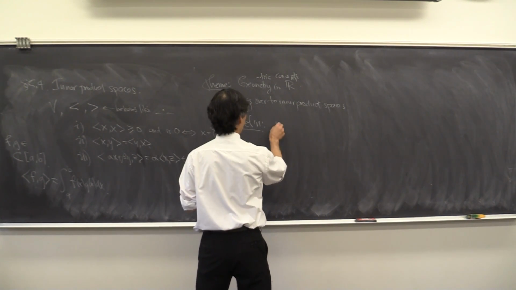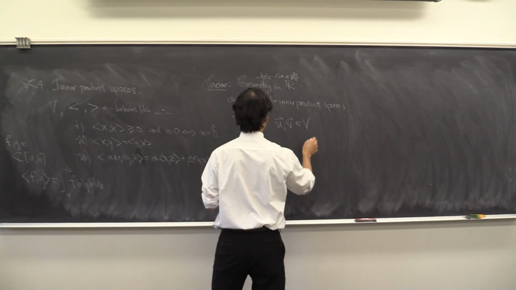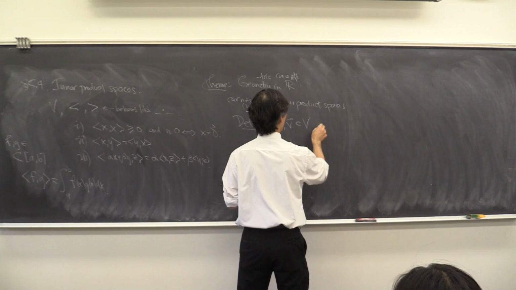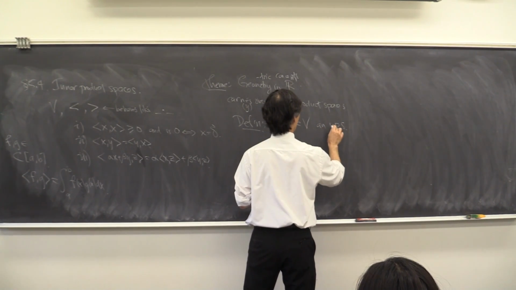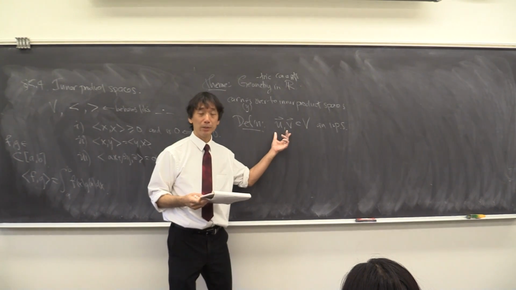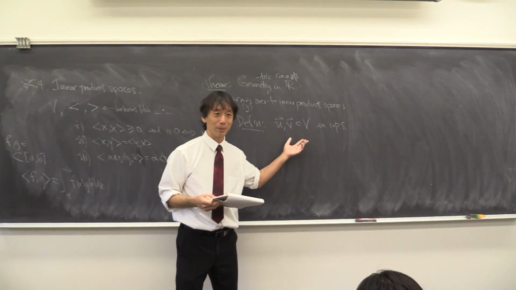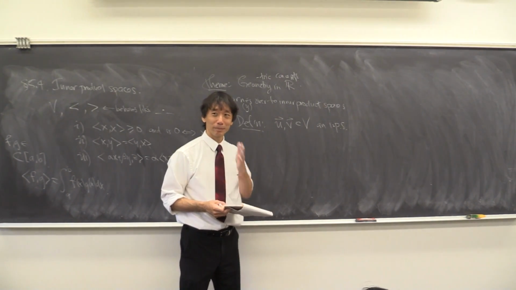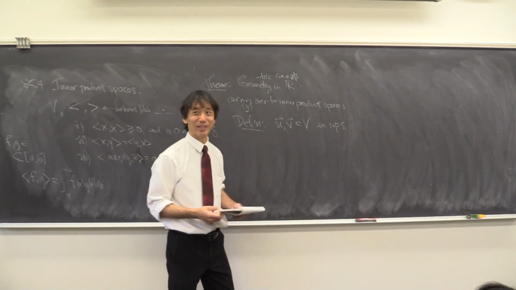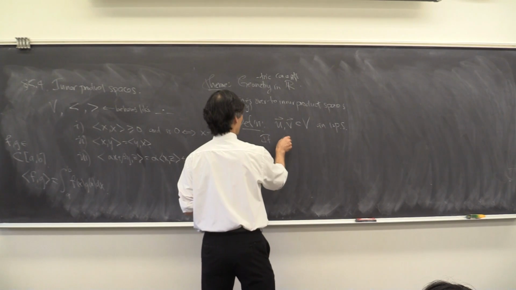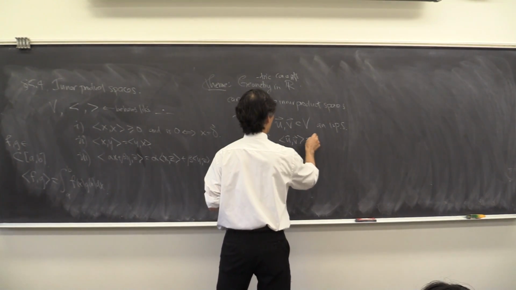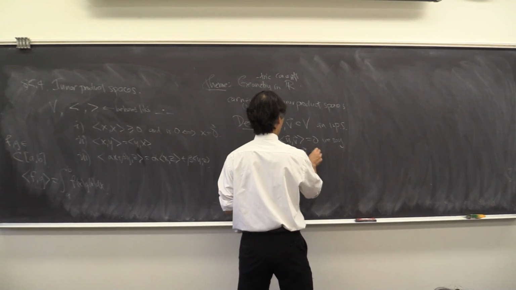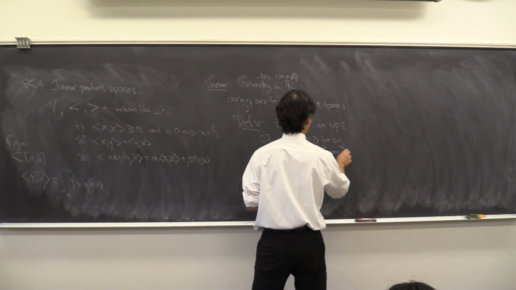First, if you have two vectors in an inner product space, we'll call them orthogonal if their inner product is 0. If their inner product is 0, we say that they're perpendicular to each other. u and v are orthogonal.